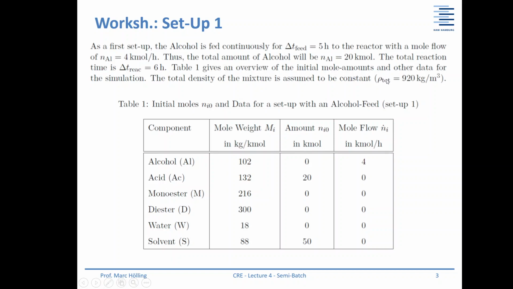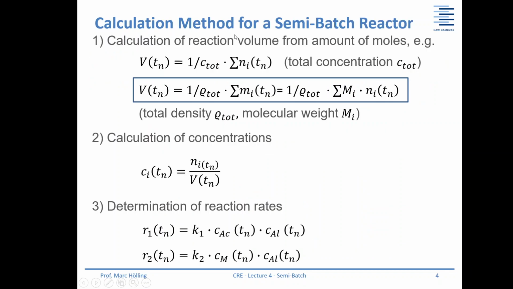Then the density was given, 920 kilograms per cubic meter, and unfortunately last time I made a mistake. I hope you all received the email about it. I put here not 1 over rho, the total density, but I just put the total density here.